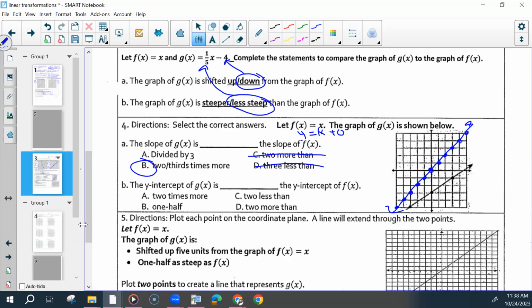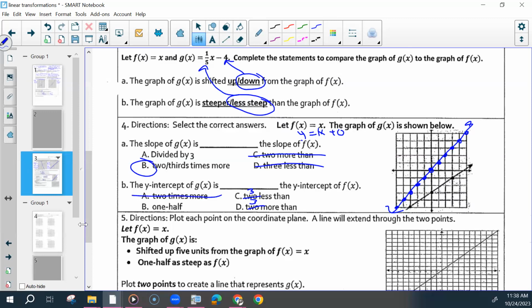So what about the y-intercept, comparing the original to the new one? And these should be 3, not 2. C, 3 less than.